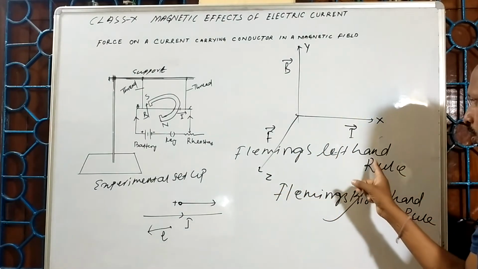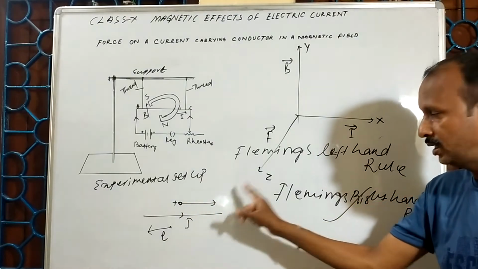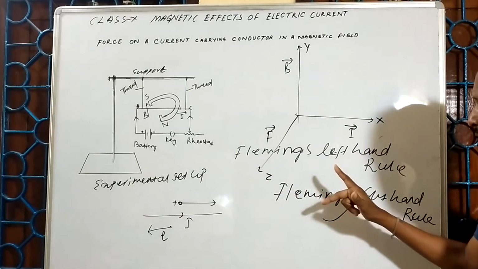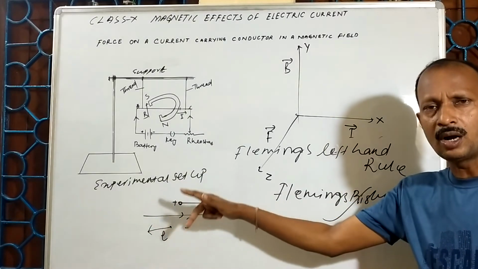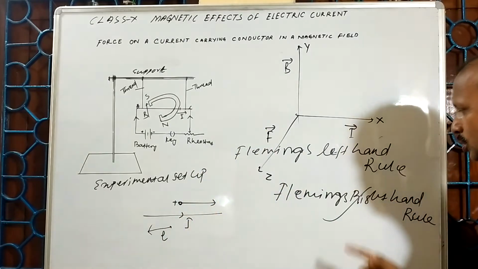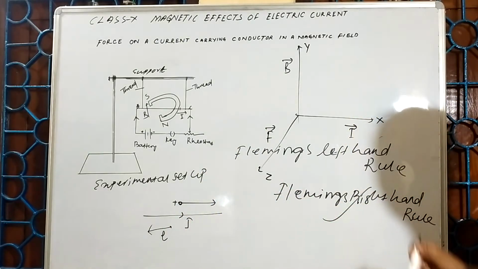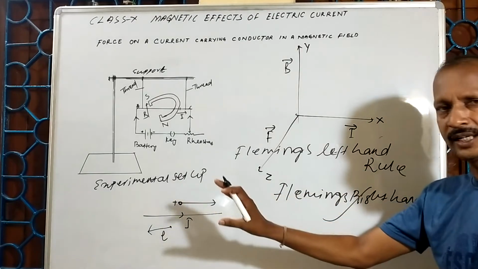How do I explain? Fleming's left hand rule we can apply for the direction of positive charge particles, and for Fleming's right hand rule I have to consider the flow of electrons. So generally this is the standard rule because it is applicable for positive charge particles.